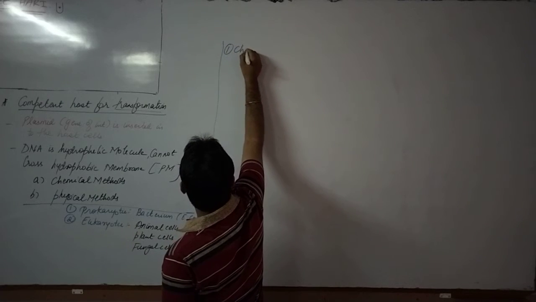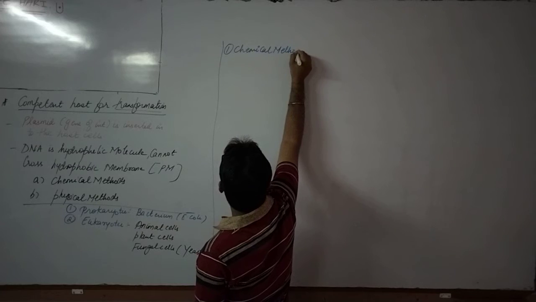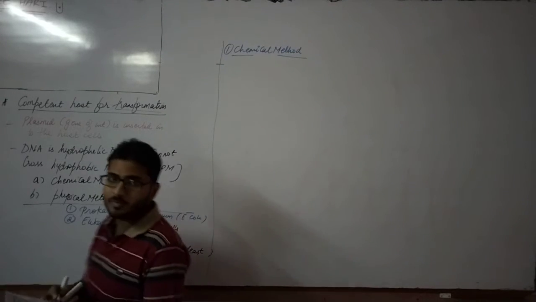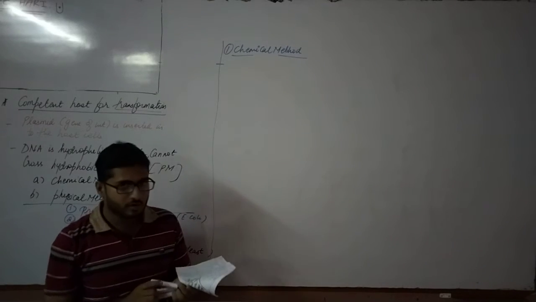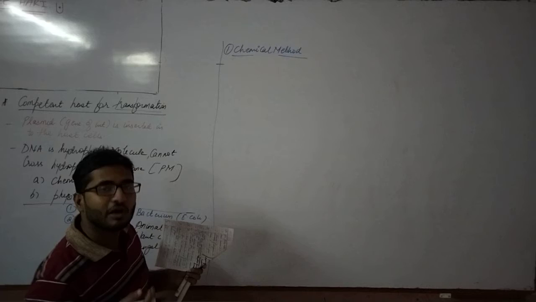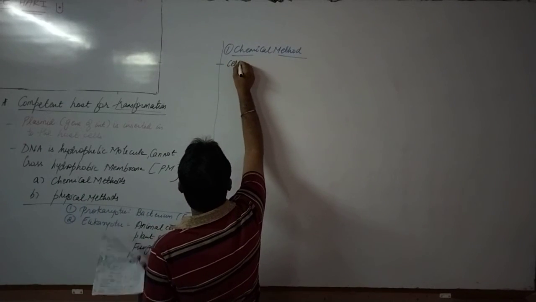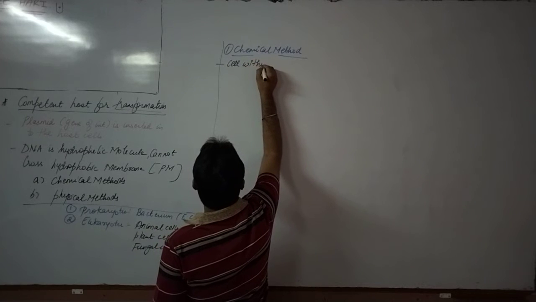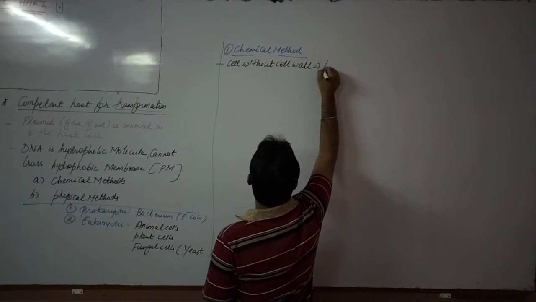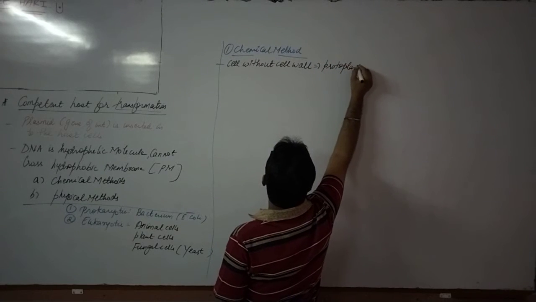First is chemical method. Say for example we are dealing with the plants. Plants have cell wall, plants have cell membrane. We need to break the cell wall. So the cell without cell wall we call it as protoplast. So cell without cell wall is called as protoplast.